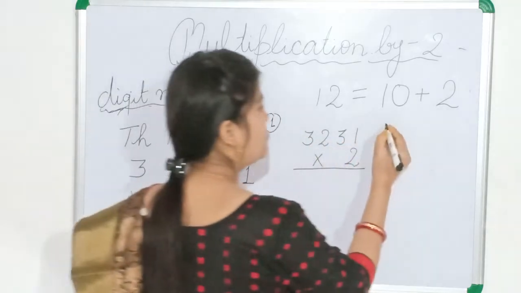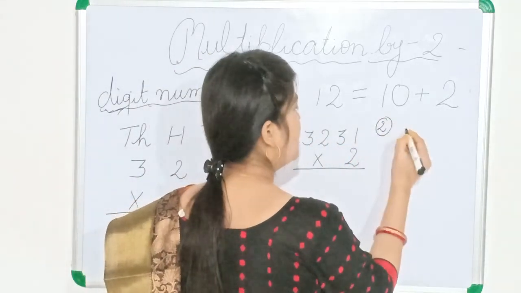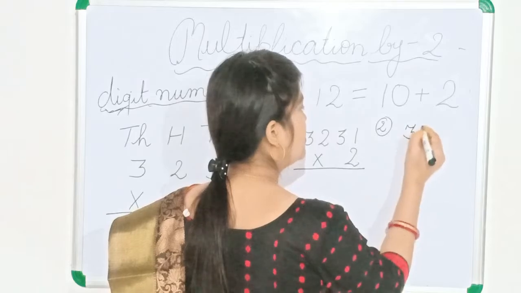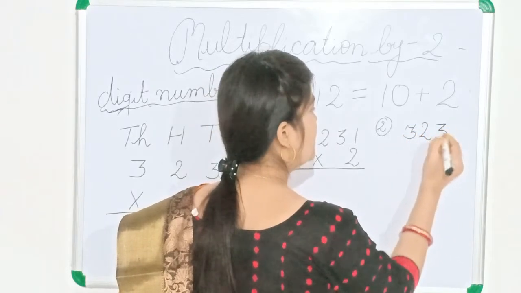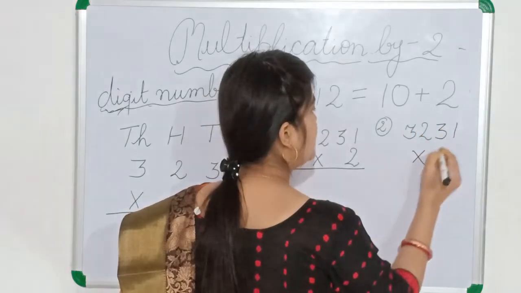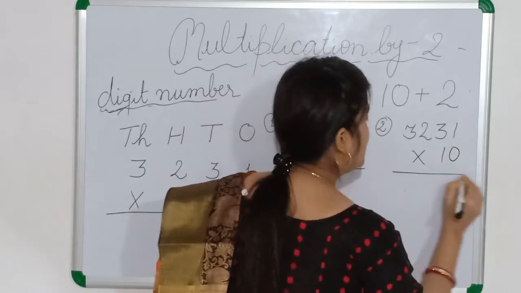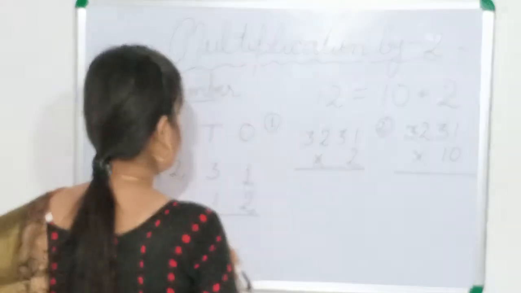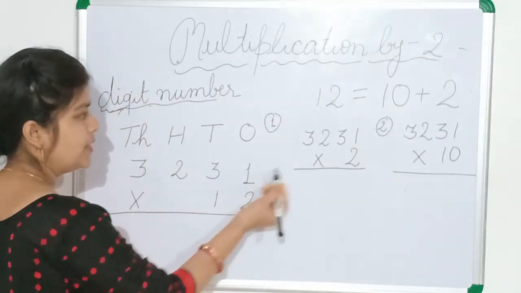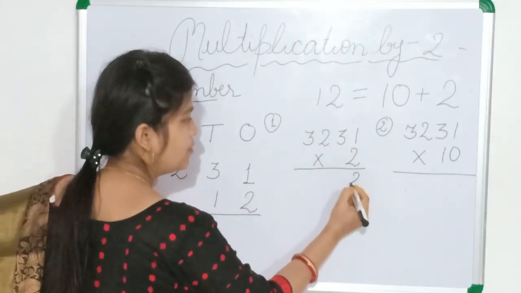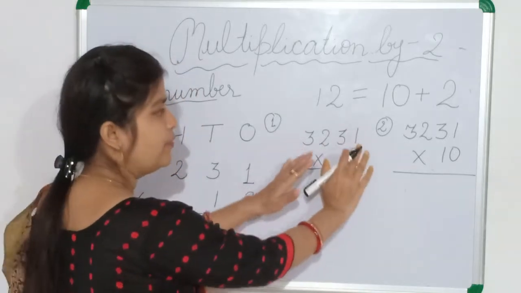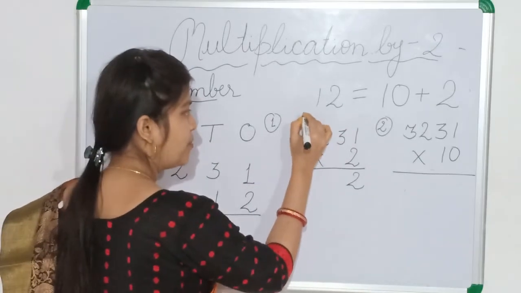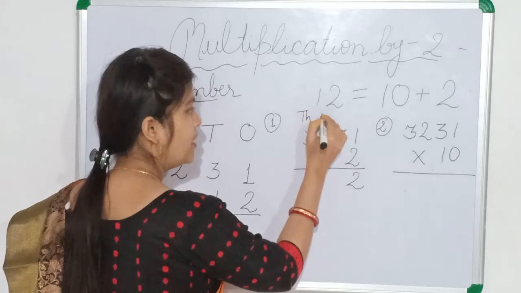And in second step, you will multiply 3231 by 10. Then you will add both the numbers. Okay? So you can see here 2 ones are 2. First, always we are starting from this side. If there is problem, I am writing here place value also.